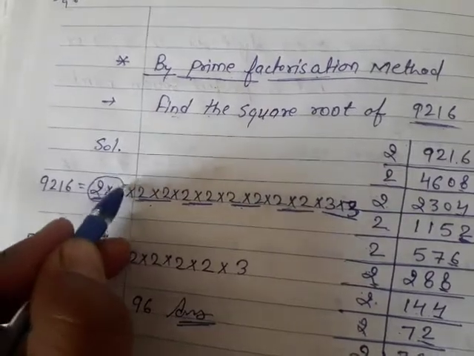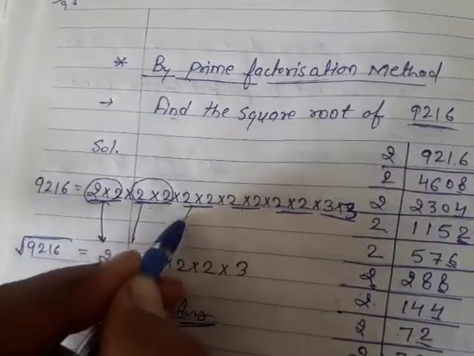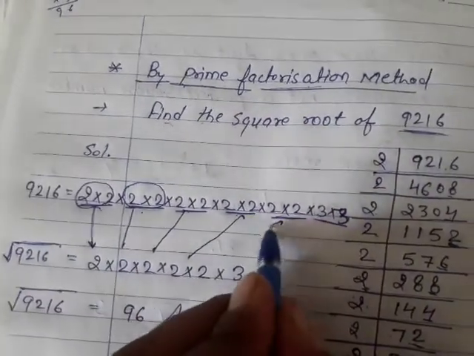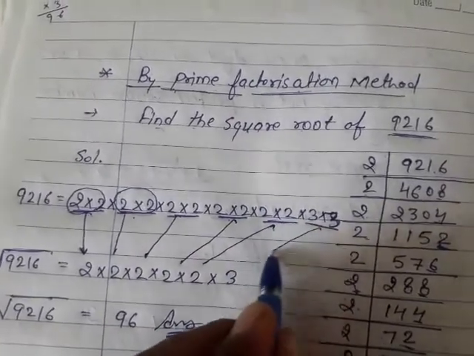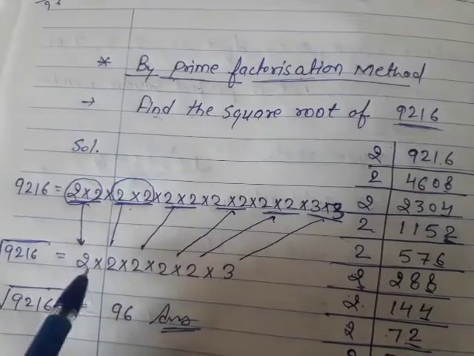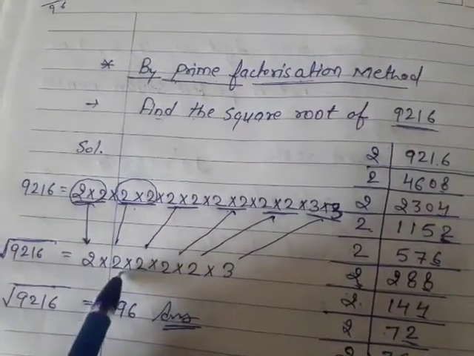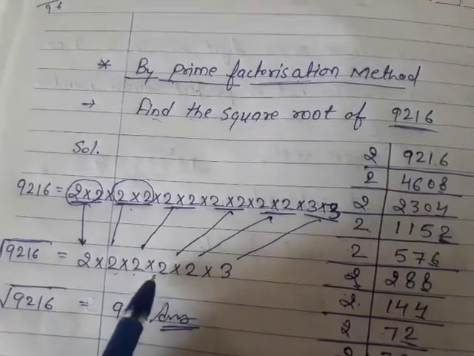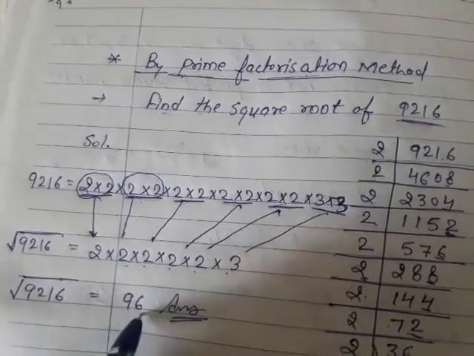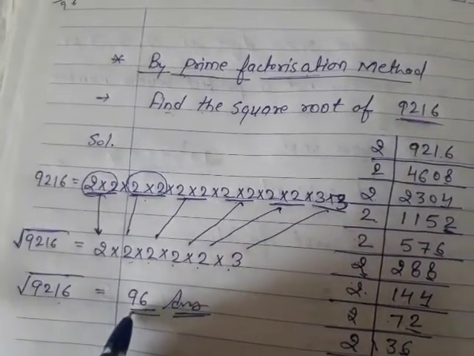So the square root of 9216 is 2 into 2 into 2 into 2 into 2 into 3. 2 2s are 4, 4 2s are 8, 8 2s are 16, 16 2s are 32, and 32 3s are 96. So the square root of 9216 is 96.